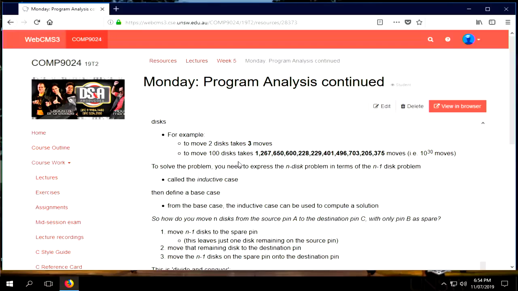Now if you have 2 discs, a little disc and a big disc, with the little disc on the big disc, how do we get them from the source pin to the destination pin? We take the little disc off, put it on the buffer pin, take the big disc and put it on the destination pin, and then take the little disc from the buffer pin and put it on top of the big disc on the destination pin. 3 moves.